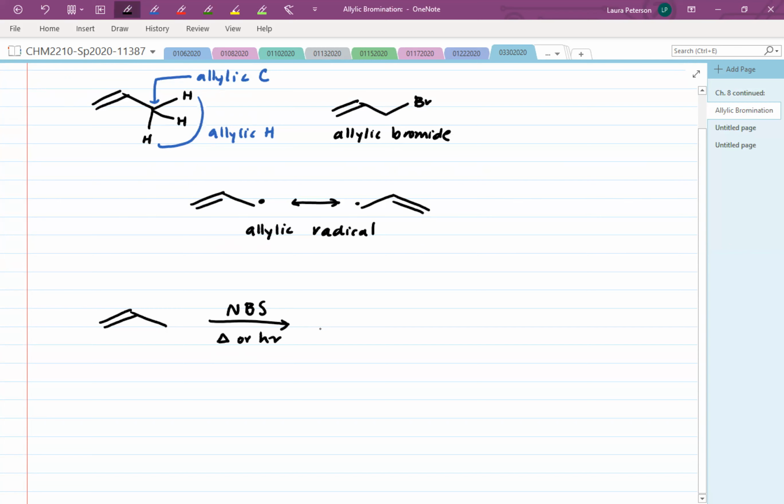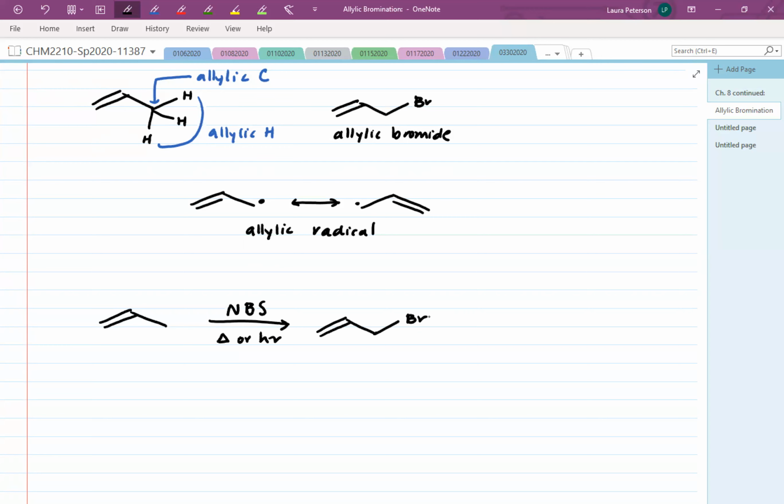What we're going to do in this reaction is generate an allylic halide. We're going to do a substitution reaction where one of the allylic carbon-hydrogen bonds is substituted for a carbon-bromine bond. We have to use NBS, which is our source of bromine, because it carefully controls the amount of bromine that's available in solution. So you cannot use Br2 and light here to do allylic bromination.